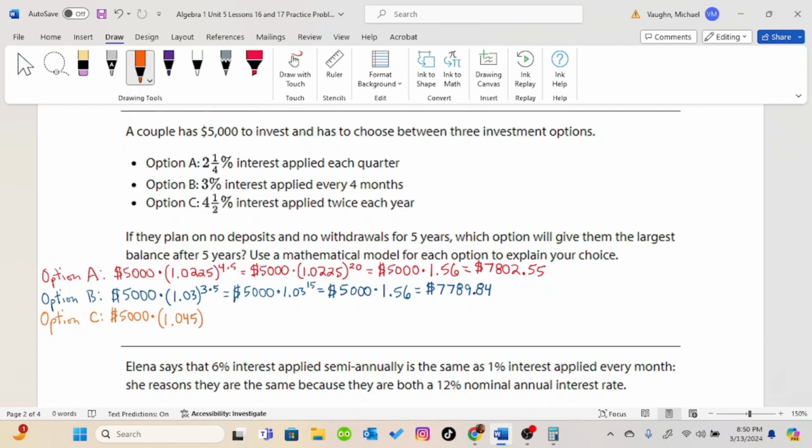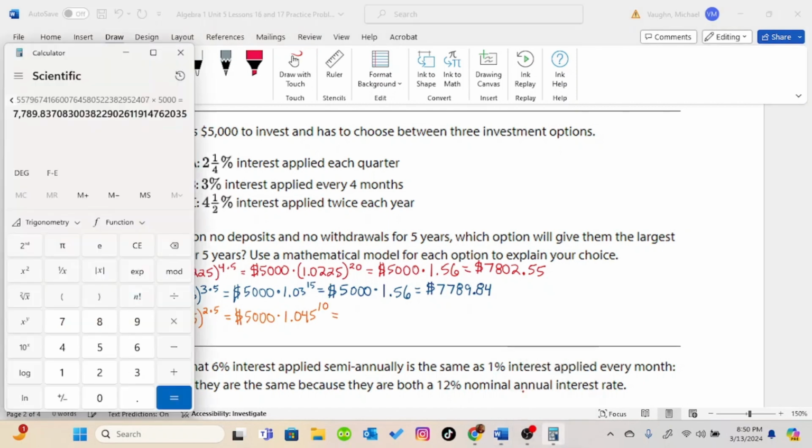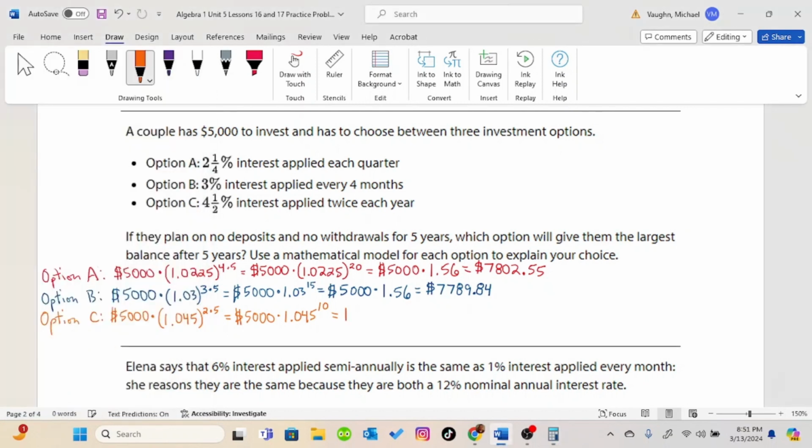This is applied twice each year for 5 years. And 2 times 5 makes this an exponent of 10. So now 1.045 to the power of 10 is approximately 1.55.